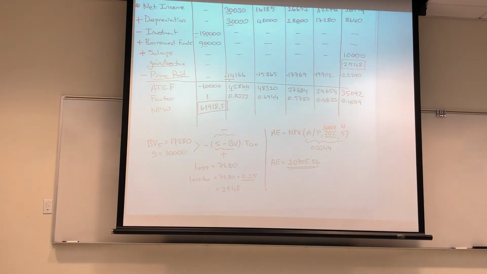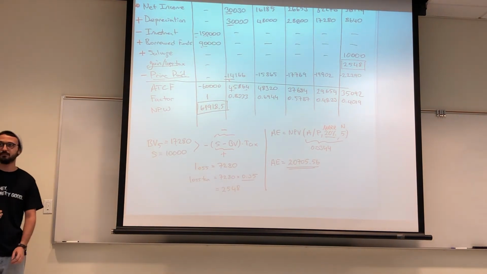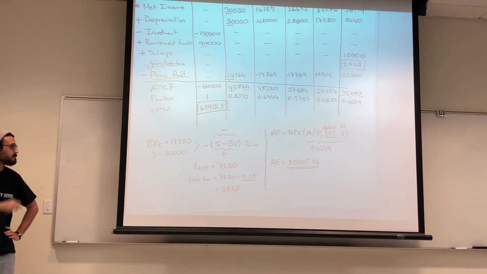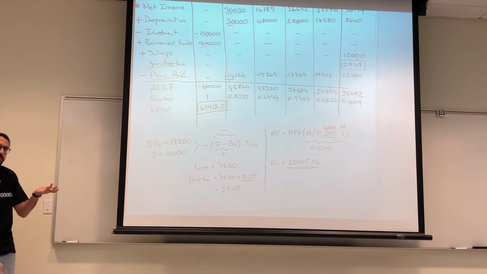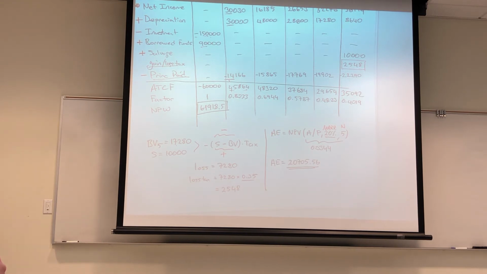Okay, so we found this. Not a very boring part. What did we say about annual equivalency? It's still a good investment. It's still a good project. It's never going to change, just to go through it.